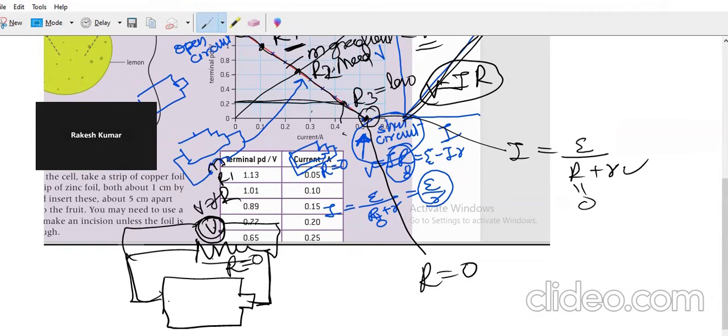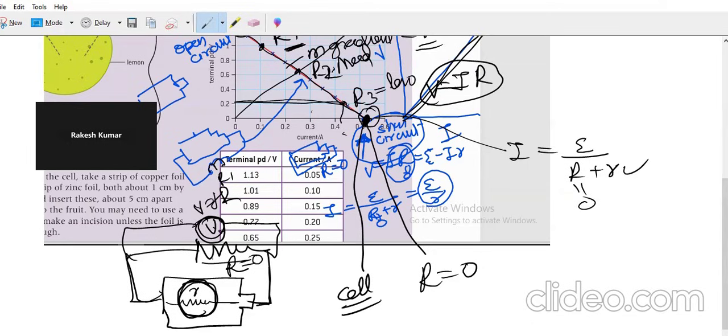But where is the energy going? The energy is going inside the r. So at this position, all the energy is being consumed by the cell.